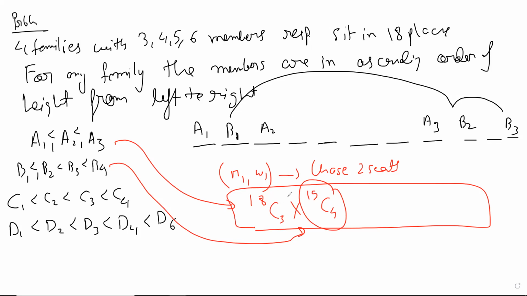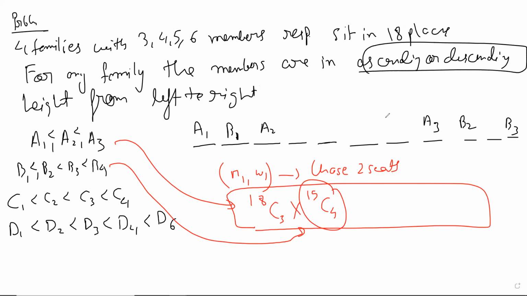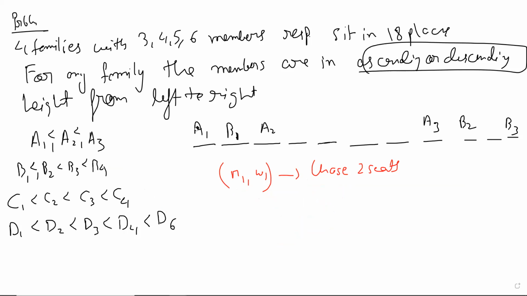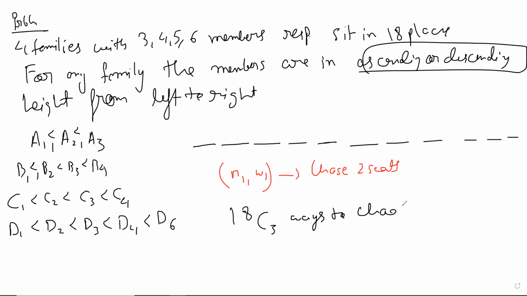No, not double the number. That's right. If it were allowed, that would basically mean ascending or descending, the same thing. In this case, after choosing, there are two ways. Let's write it: 18 choose 3 ways to choose 3 seats for family 1.